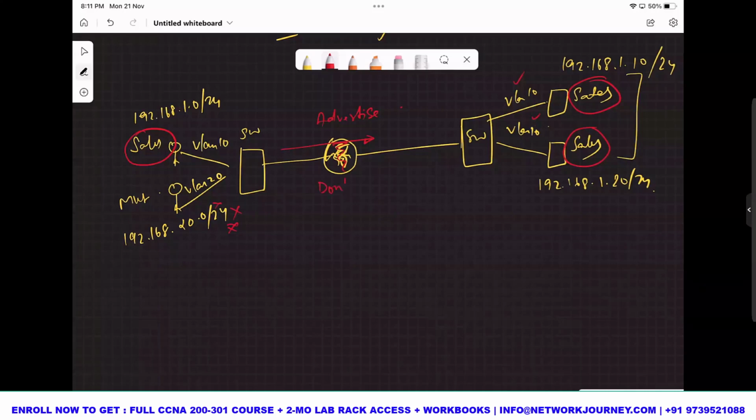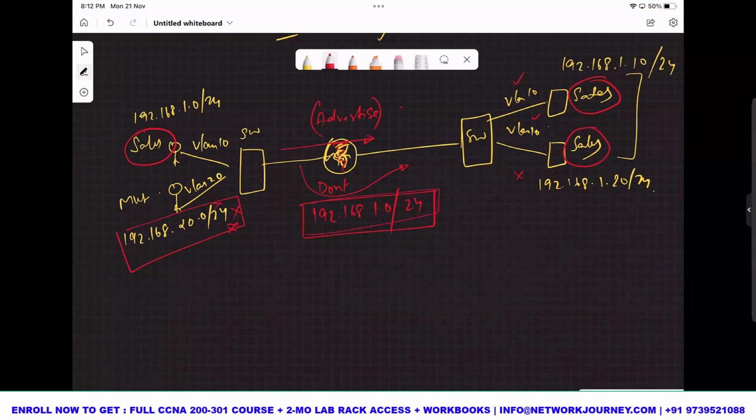So the other people will also not know how to reach this guy. Depending upon what you want to promote, we have to advertise it. So while we advertise, I will say 192.168.1.0/24 user needs to be advertised. So this information will be passed on here so that they know how to reach this particular user.